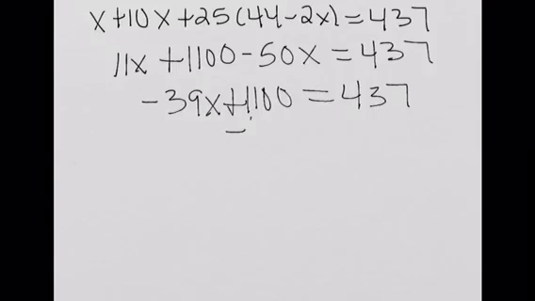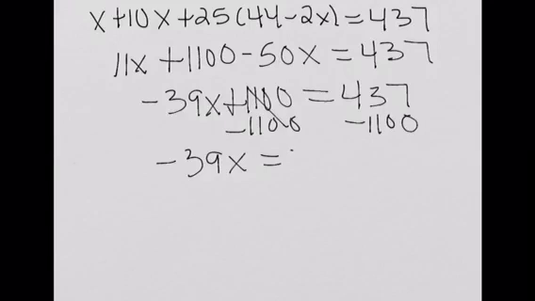Subtract 1100 from both sides. That cancels, leaving me with negative 39x equals 437 minus 1100, which leaves me with negative 663.